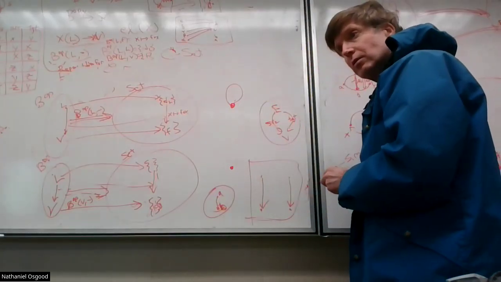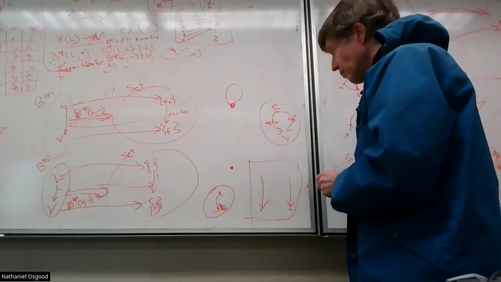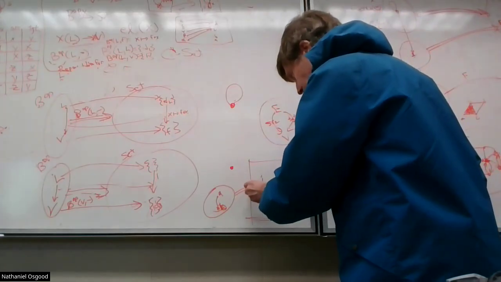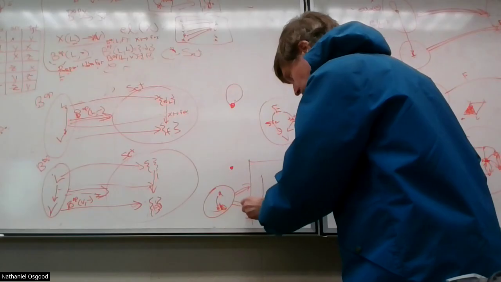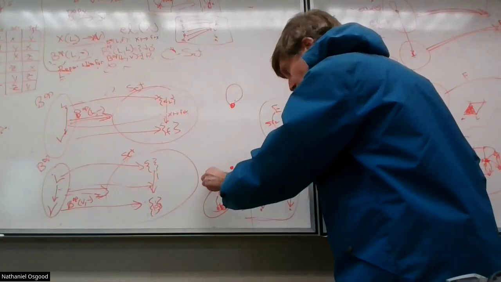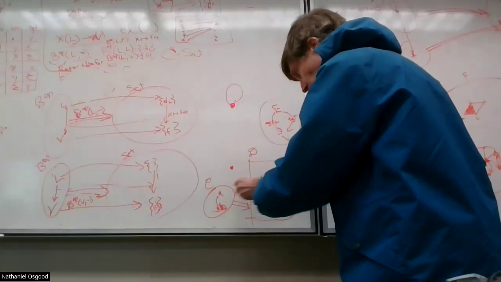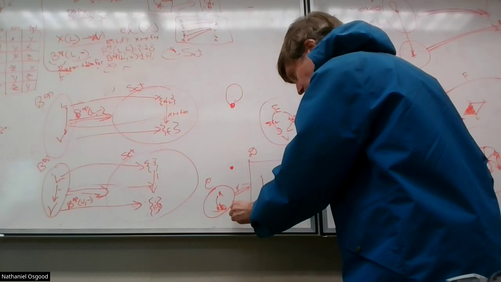We okay with this? And we have two functors, F and G, that go from the source category to the target category. This is F. This is G.